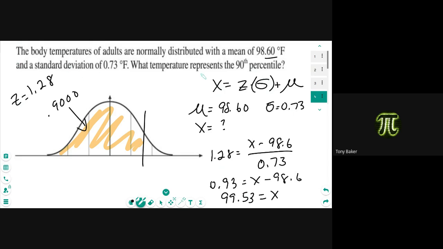So Z 1.28 times 0.73 plus 98.6. That's the formula I gave you, and that eliminates the algebra. And you should have gotten 99.53.